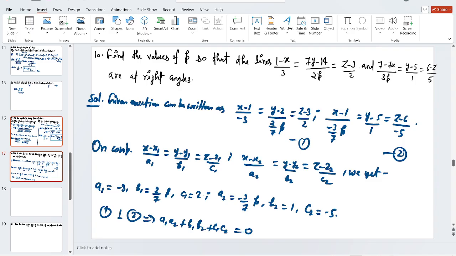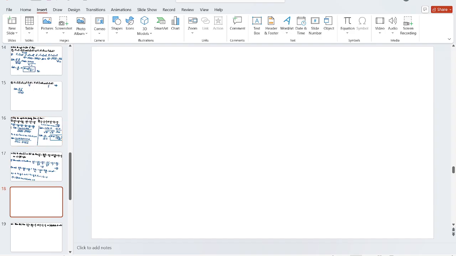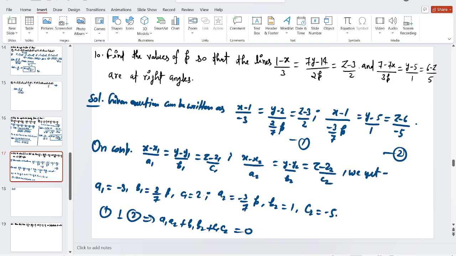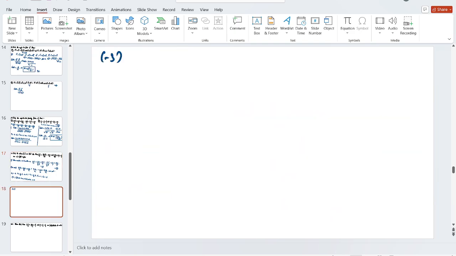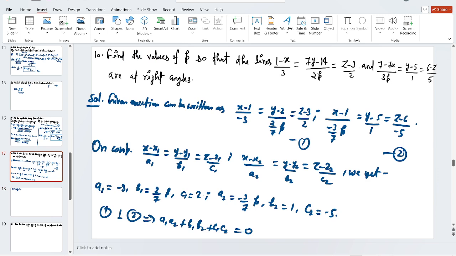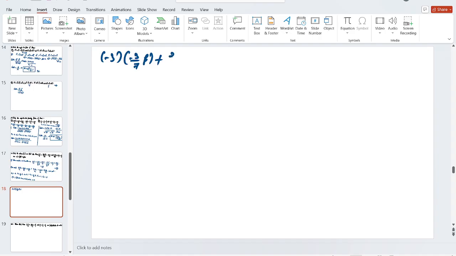So using here, minus 3, a2 equal to minus 3 by 7 p. Okay, plus b1 equal to 2 by 7 p and b2 equal to 1.